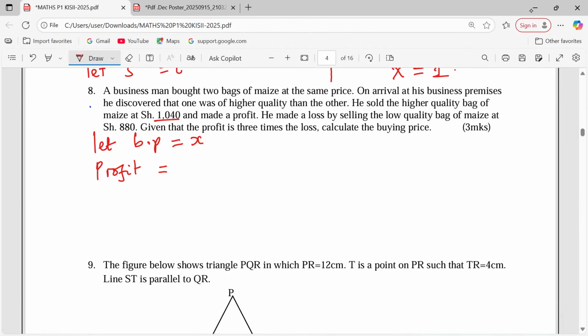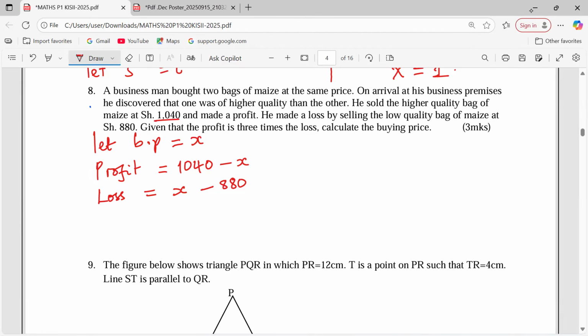Selling price minus buying price. It was bought at X. How about loss? The loss is equal to the buying price minus the selling price. You know, a loss is when you sell at a smaller value than you bought. Therefore, there is a relation now between the profit made and the loss made.